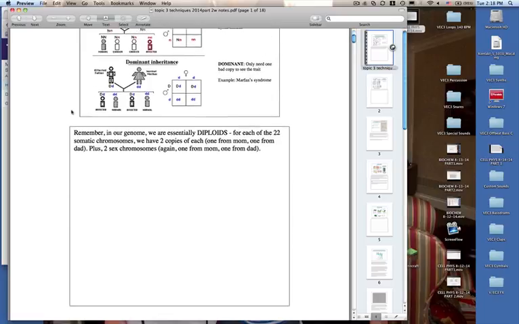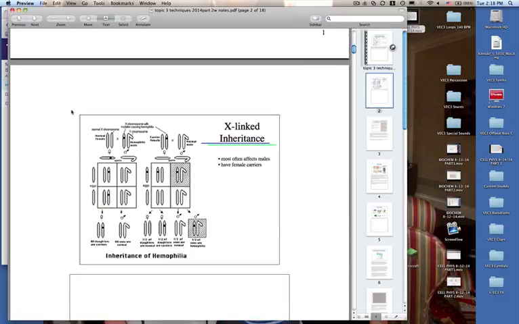Okay, so X-linked inheritance works a little bit differently, right? So remember, mom has two copies of X, and dad only has one copy. If we have a phenotype that is associated with a mutant X chromosome, well then if dad has that mutation, obviously he is going to show that phenotype, right?